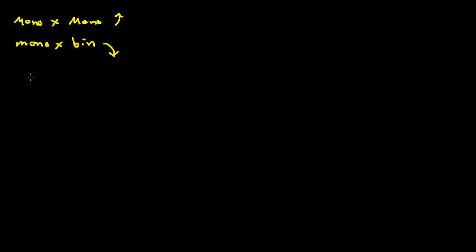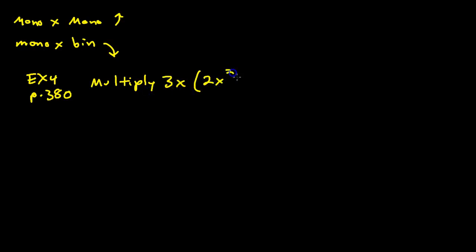Example 4 in our text on page 380 states we need to multiply 3x times 2x squared plus 4.